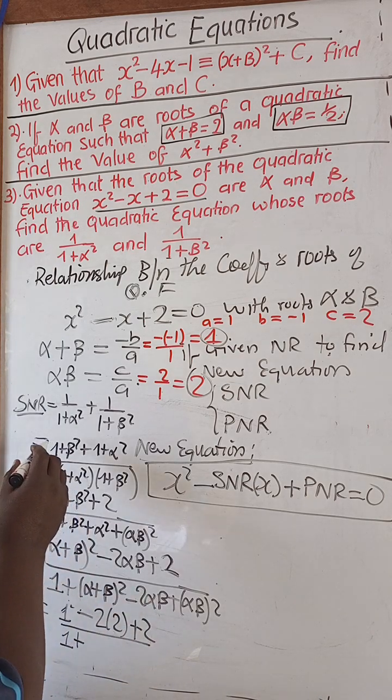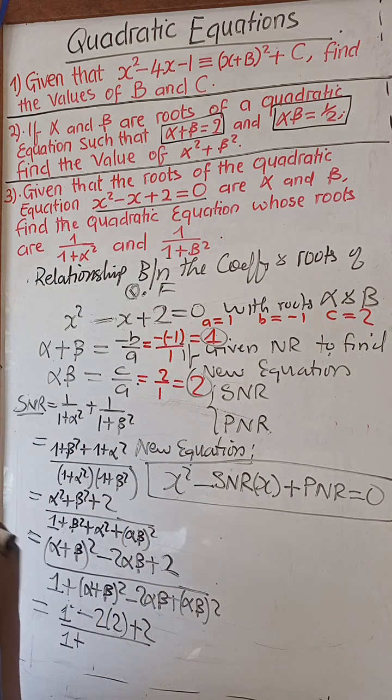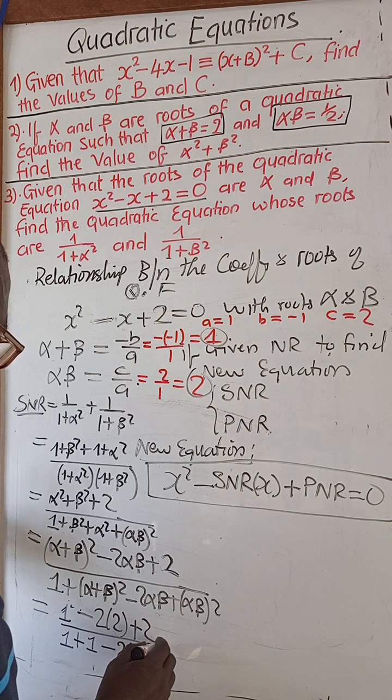plus alpha plus beta. Alpha plus beta is 1, so we have 1 squared, which is the same as 1, minus 2 alpha beta. Alpha beta is 2, 2 multiplied by 2, okay, plus alpha beta squared, which is 2 squared.